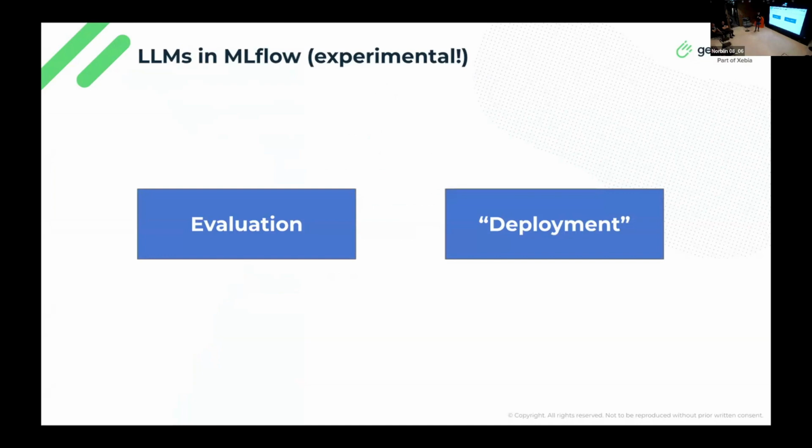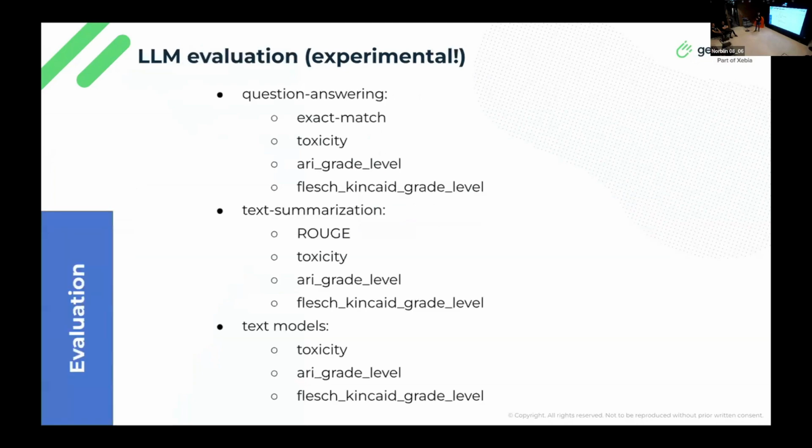So far, they are focusing on two parts related to LLMs. The first one is evaluation, and the second one is deployment, and you will see why it's deployment in a few slides. So for the evaluation, there are a few things. The first one is the most basic one, standard evaluation metrics for text tasks like question answering and text summarization.